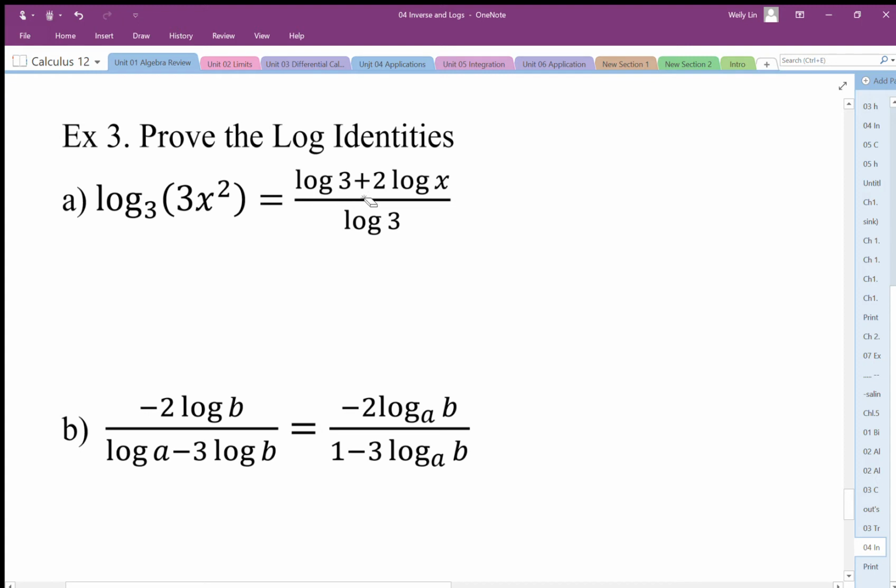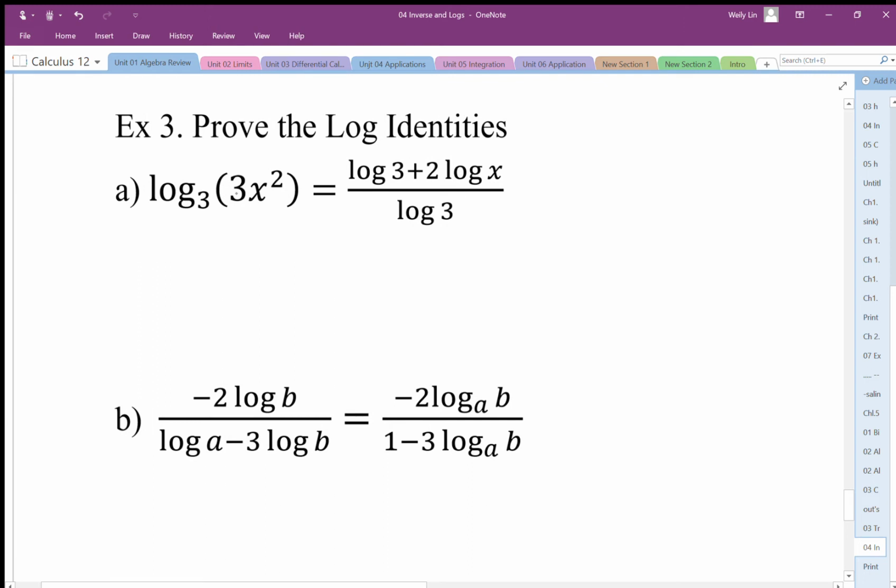Here, I see that we have a divide by log 3. So this is actually already set up for the change of base formula if we want. I'm going to do it slightly differently though. I'm going to change the left side to base 10. So log base 10 of 3x squared over log base 10 of 3.